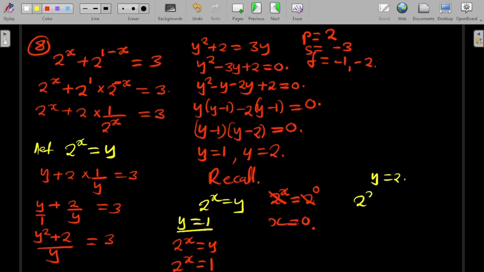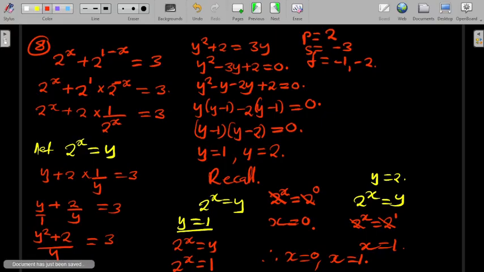So 2 to the power x should be y, and where there is y, you substitute with 2. So I have 2 to the power x equal to 2 to the power 1. Here the bases cancel, we have x equal to 1. Therefore we have the value of x which is 0, and the value of x which is 1. So these are the two values of x that we have.